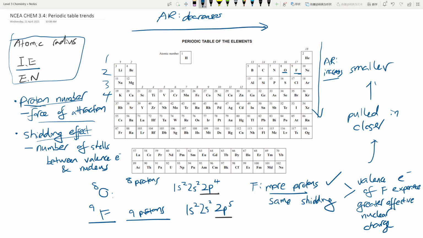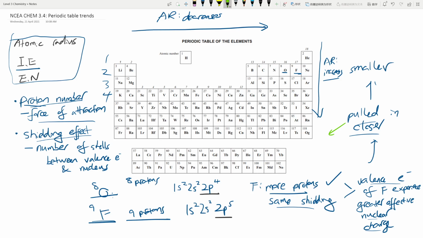So let's go back to atomic radius. Let's say we look at the first ionization energy difference between iodine and fluorine. We know that fluorine has more protons and the same shielding. So the valence electrons of fluorine experience greater effective nuclear charge because they're pulled in closer. I'm going to use a different color pen.